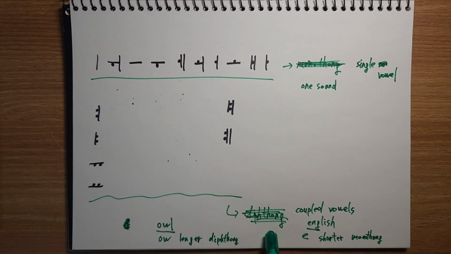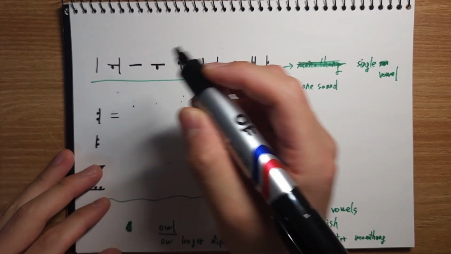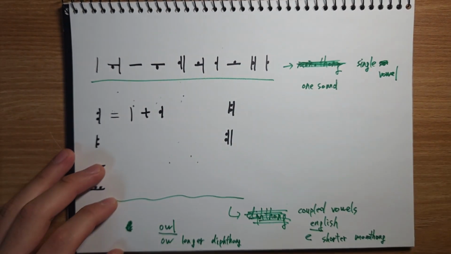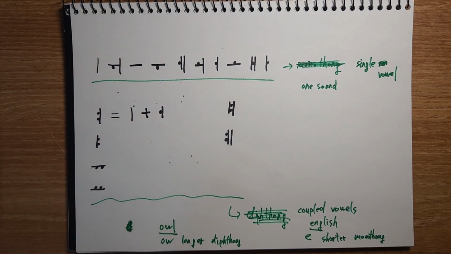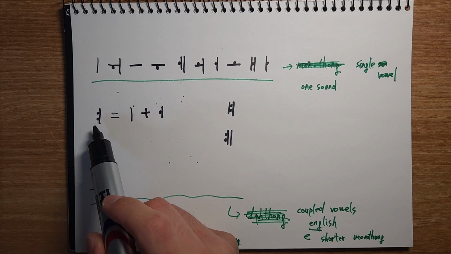Why I call these coupled vowels is that these diphthongs are the combination of 2 single vowels, like 여 is a combination of 이 and 어. When you say 이 and 어, put them together and speak it very quickly, yo, yo, yo. It became yo.